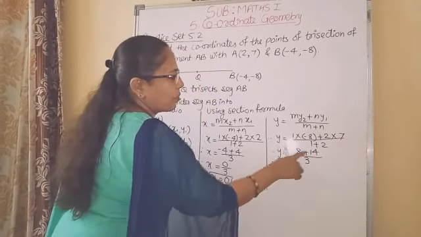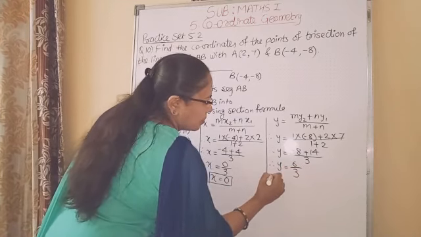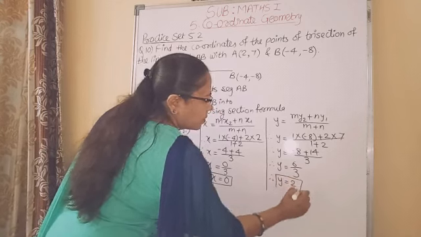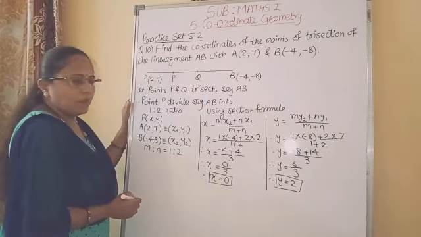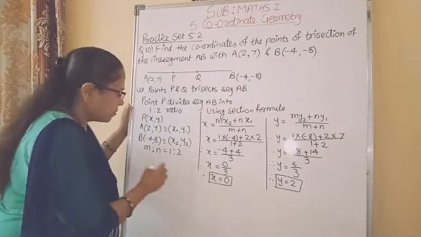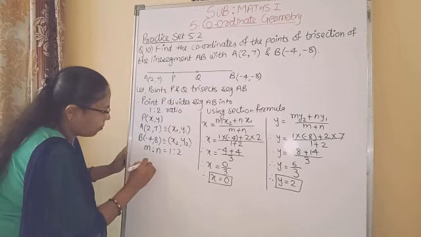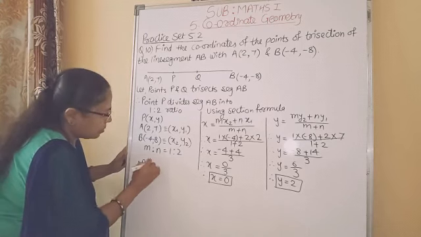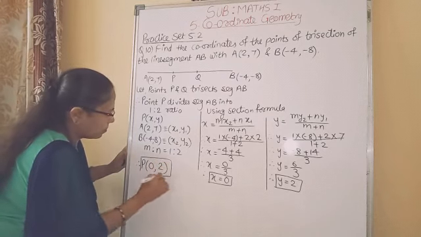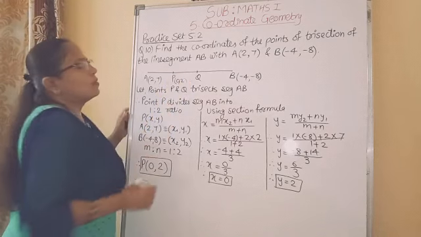Therefore y equal to 14 minus 8, 6 upon 3. Therefore y is equal to 2. Followed? So this way we got the coordinates of point P. So we will write here the answer: coordinates of point P are 0 and 2.